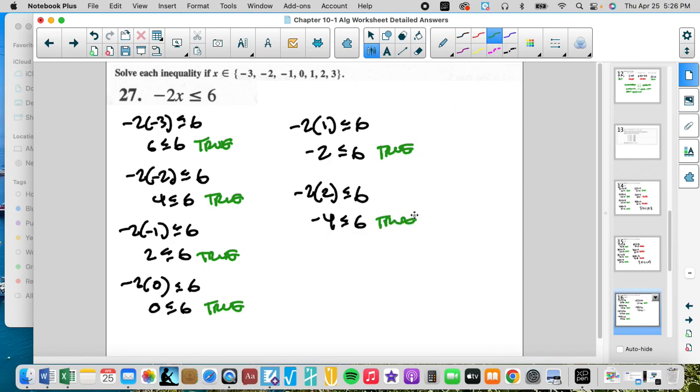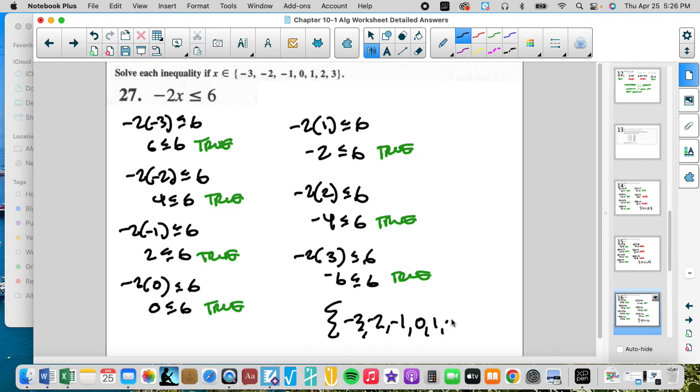That's going to be true. Negative 2 times 3 less than or equal to 6 is negative 6 less than or equal to 6. That is going to be true. So all of the solutions. So my solution set is negative 3, negative 2, negative 1, 0, 1, 2, and 3.